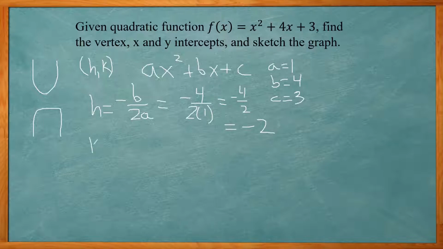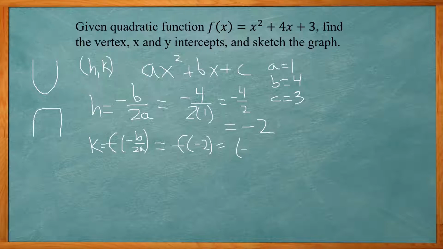Now to find k, you find f of negative b over 2a. So you're basically plugging h into the function. Okay, so we know that is equal to negative 2. So we plug that into our function.